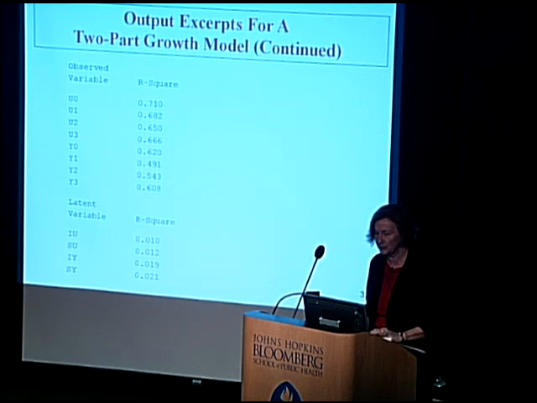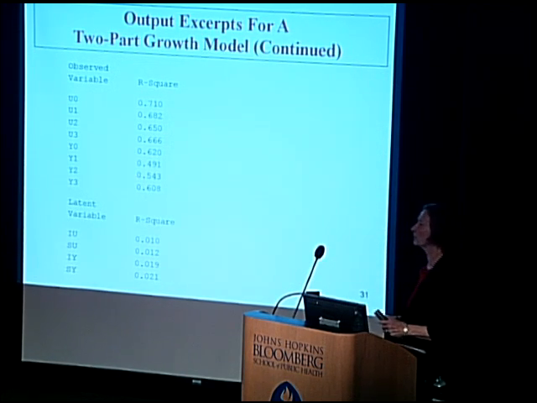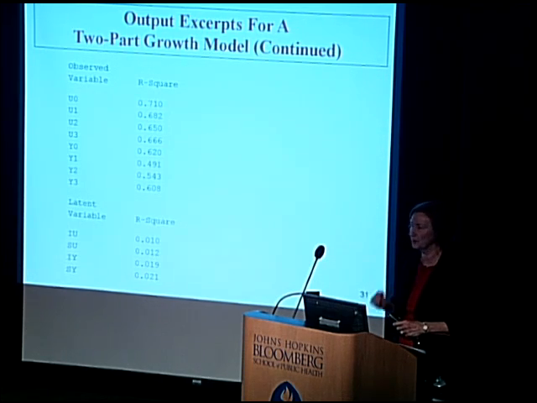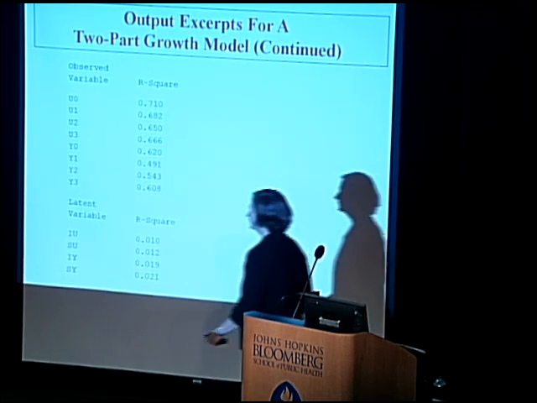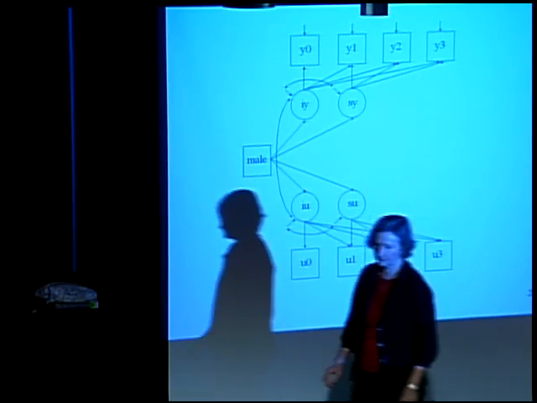Now you remember that we have a conditional model. So that means that we're not going to get means, variances, and covariances from that model for our growth factors. So as we mentioned yesterday, we want to use Tech 4 for that.